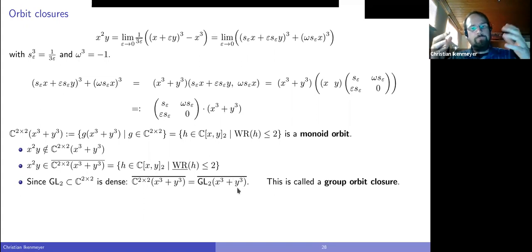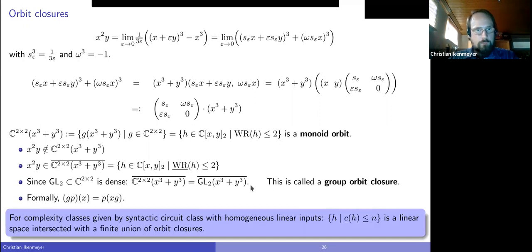So the question about having a border Waring rank at most 2 is now a question about membership in a group orbit closure. And that is great, right? It just has a lot more structure now. This is just how you formally define this, but I think from this explanation it is clear now.